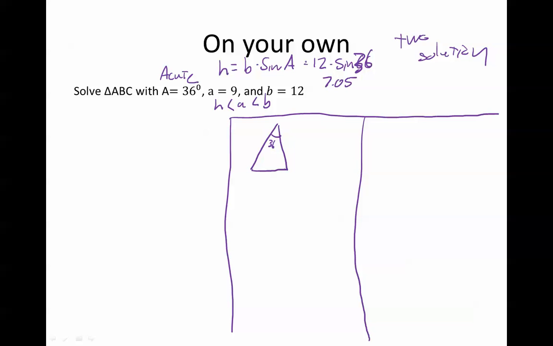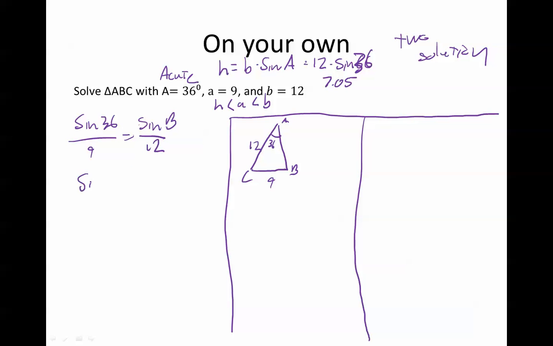And I'm going to go ahead and use my law of sines to calculate the other. So if this is A, B, and C, that means this is 9 and 12. So I can calculate angle B with the information that I have right now. So that's sine of 36 over 9 equals the sine of B over 12.